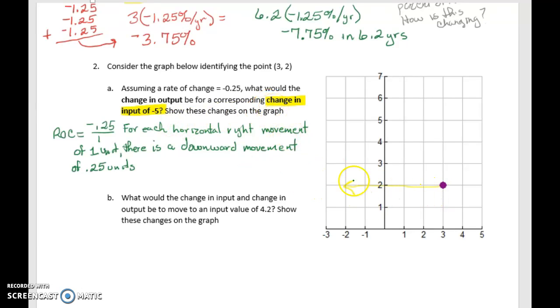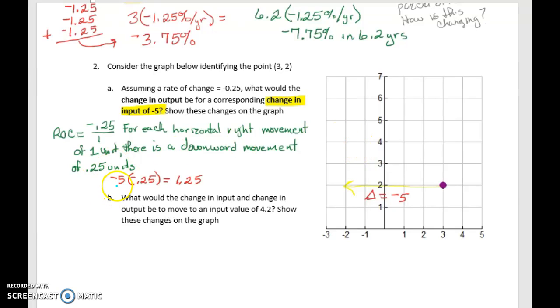Well, if we're going to move a total of negative 5 units, so we know this change is equal to negative 5, then from our work above, that means we are going to either take negative 0.25 and add it 5 times, or we can take negative 5 and multiply it by the rate of change, which is negative 0.25, which is going to equal 1.25.